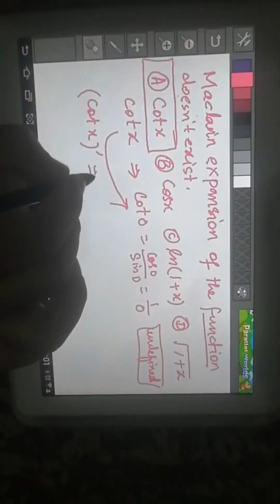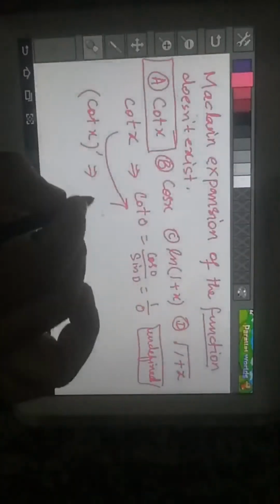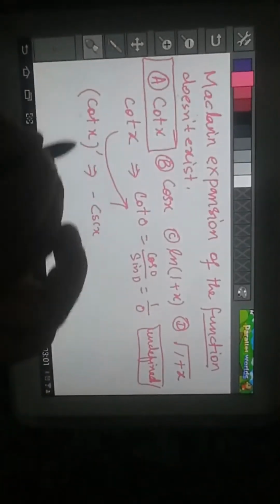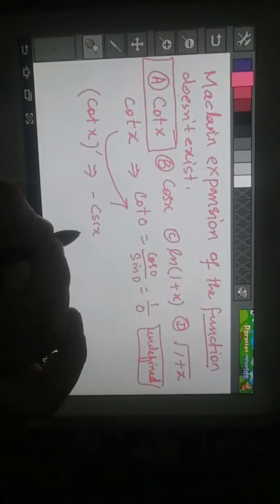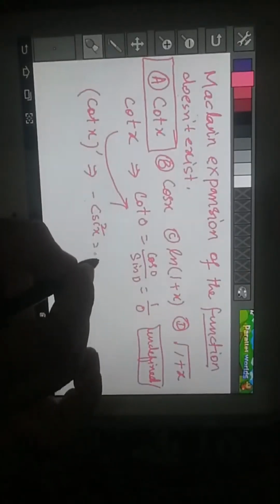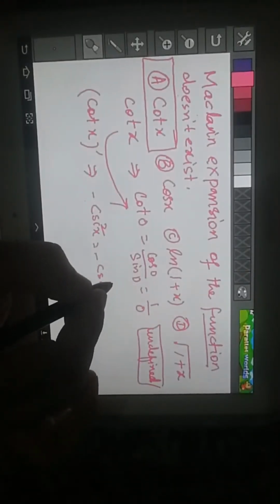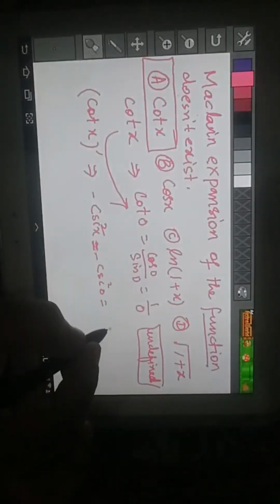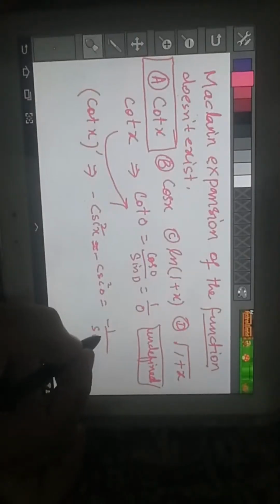go one step ahead and find its derivative, the derivative of cotangent is minus cosecant square x. Okay, if we put 0 in it, it is cosecant square 0. Cosecant is actually 1 by sine, so 1 by sine square 0.